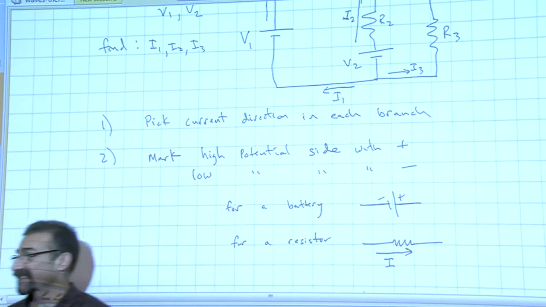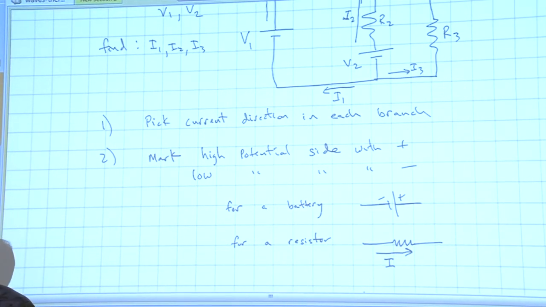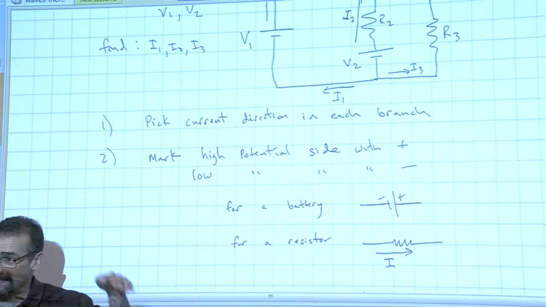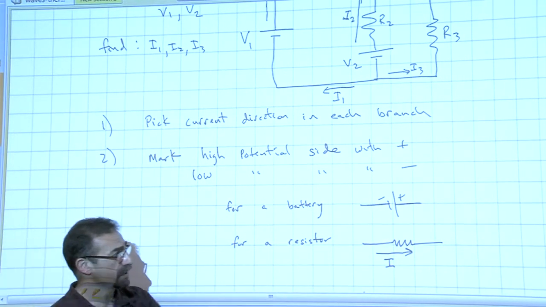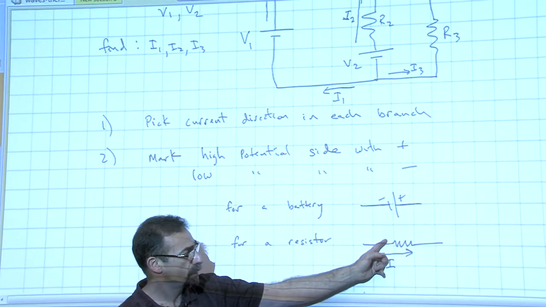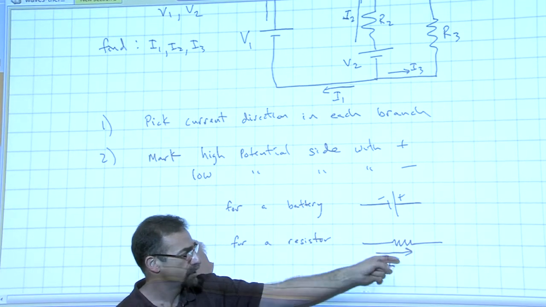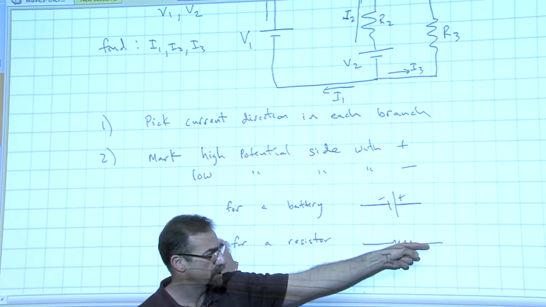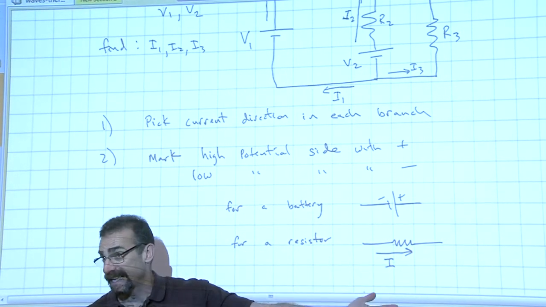What direction do positive charges go? They go towards lower potential, right? Positive charges want to go down the potential hill. So if the left end is at higher potential and the right end is at lower potential, that means positive charges would go that way, like is happening, right?